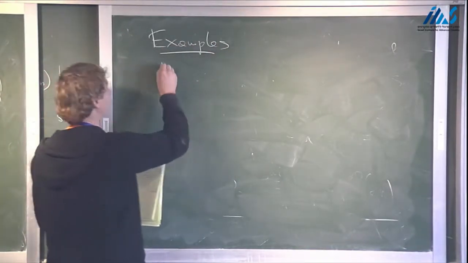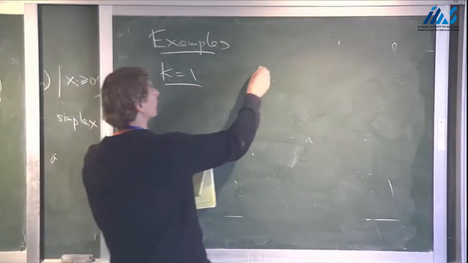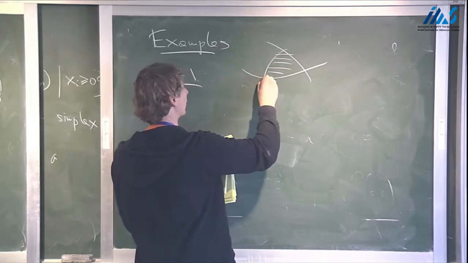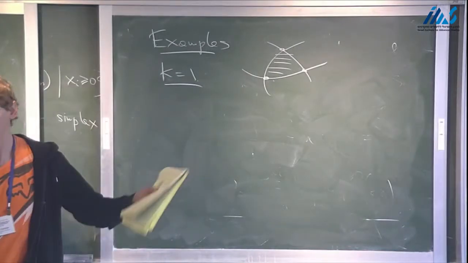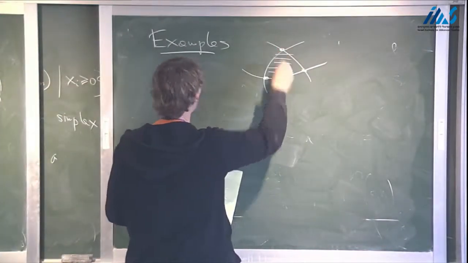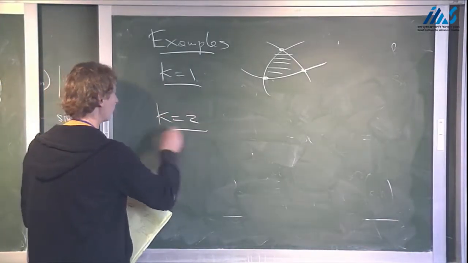As I said, k equals 1 is very simple. In this case, it is just the usual simplex. It not just looks like a polytope, it's actually homeomorphic to a very simple polytope.